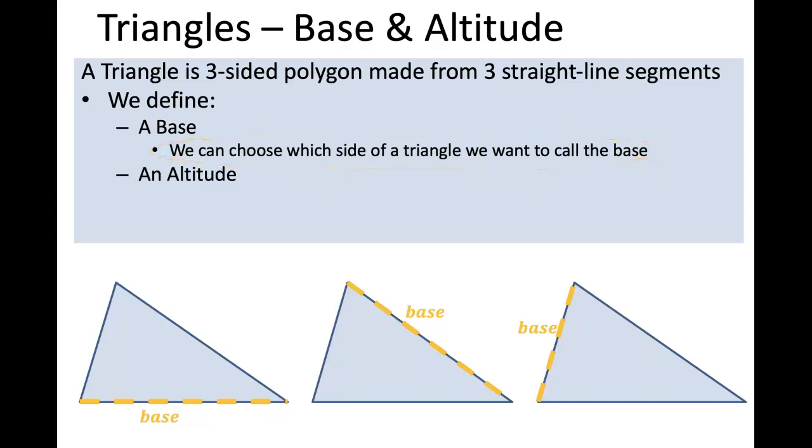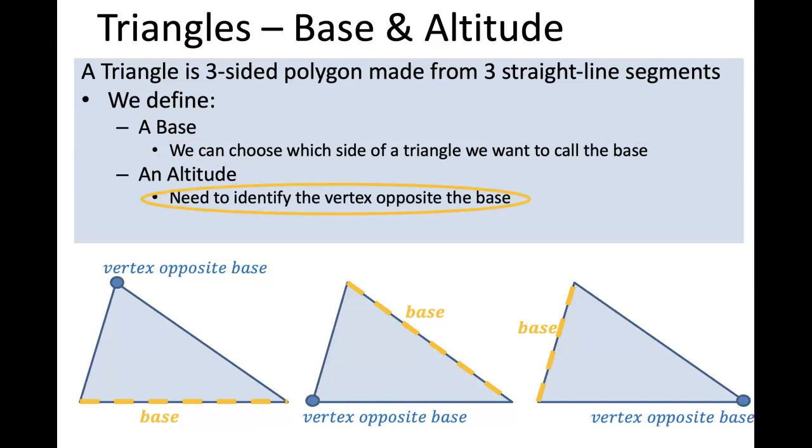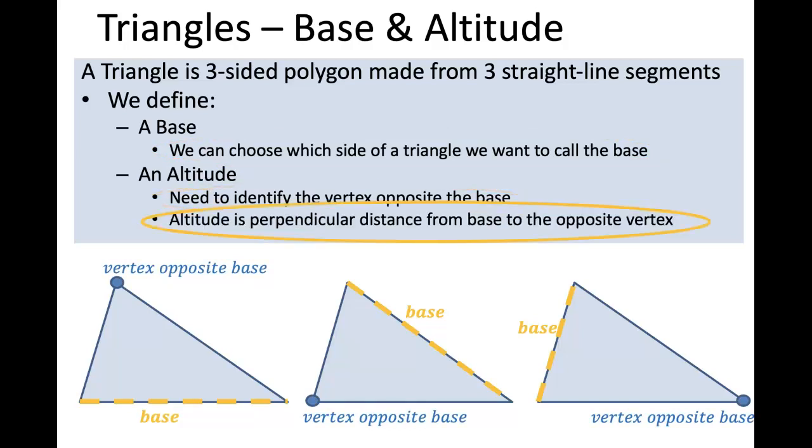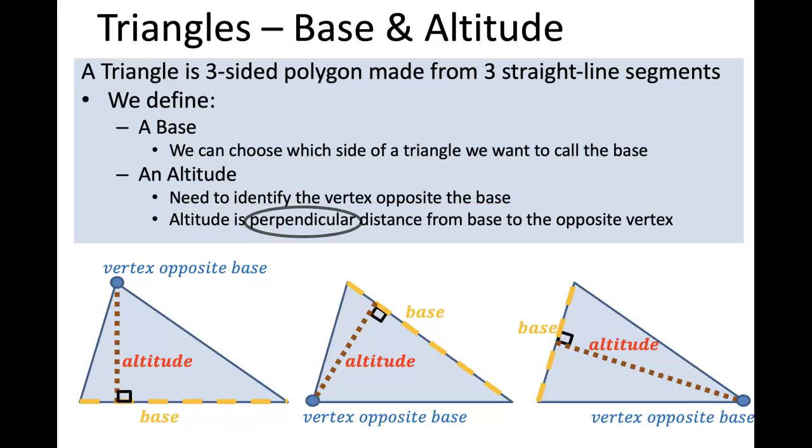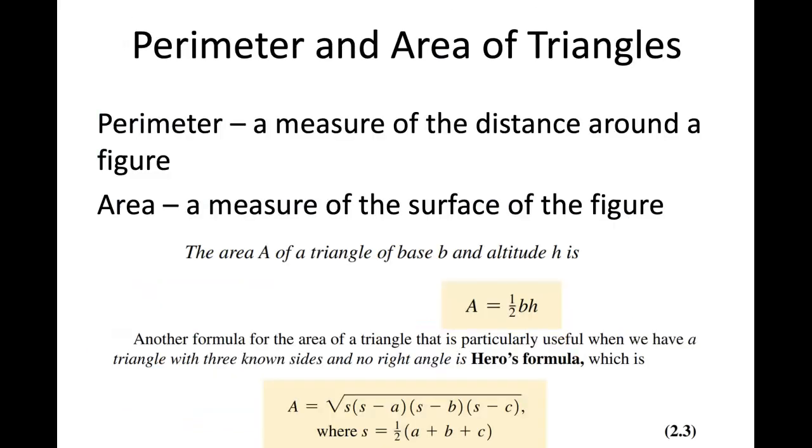The altitude is going to be drawn from the opposite vertex to the base, and it's always perpendicular. Okay, so if the base is located along the bottom of the triangle, then you start at the opposite vertex and drop it straight down, and so on. It's always perpendicular to the base. And to show perpendicular, remember we're going to put that little box there that shows us it's a right angle.